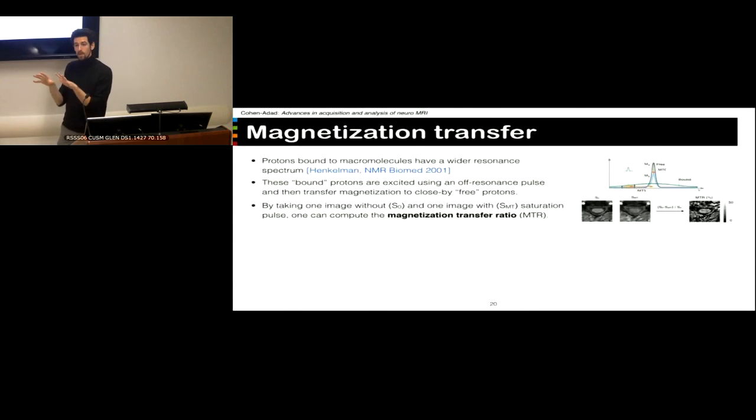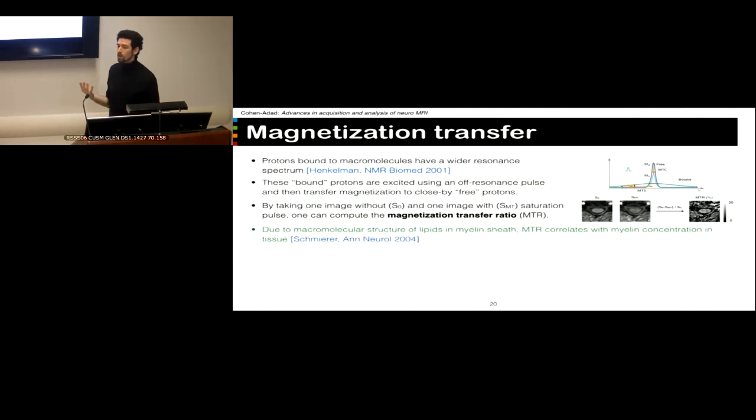The water molecules that are close to the myelin will basically be pre-saturated, and then when we record the signal, the signal in the white matter will be slightly lower, right? So the idea is to take the ratio between the two and obtain a score called the magnetization transfer ratio that was shown to correlate with myelin.